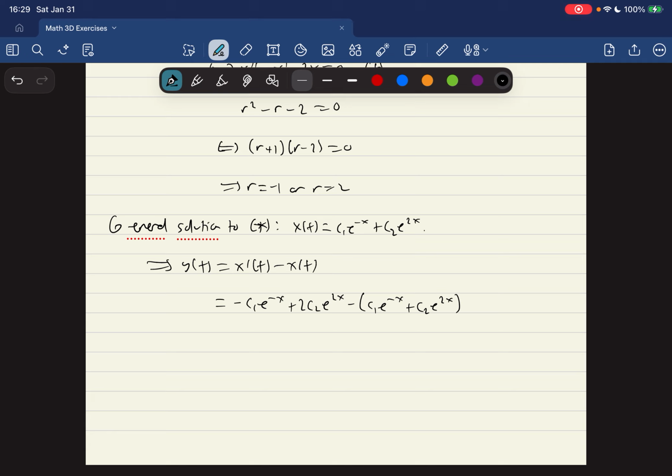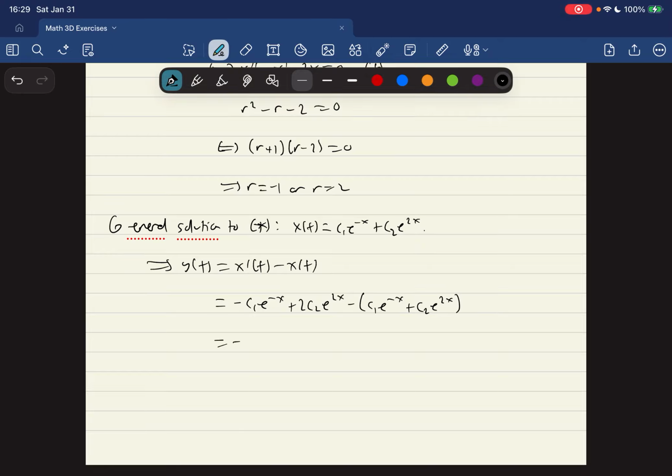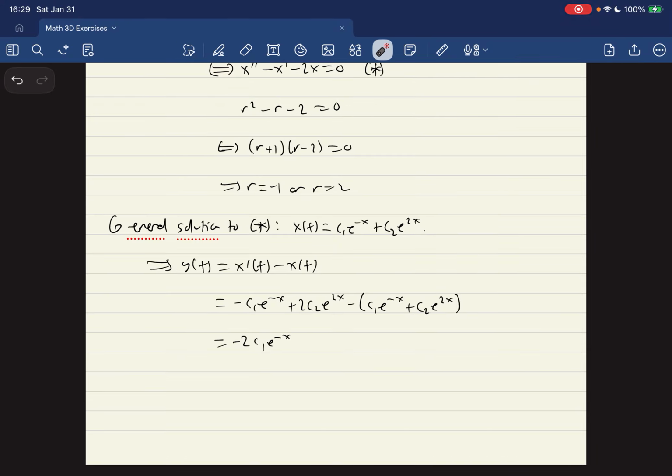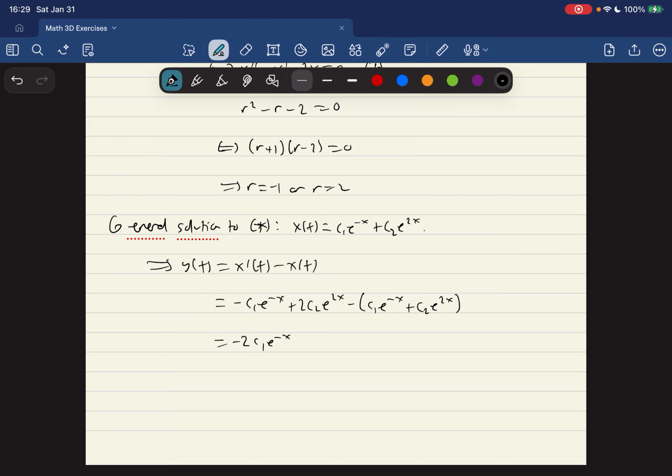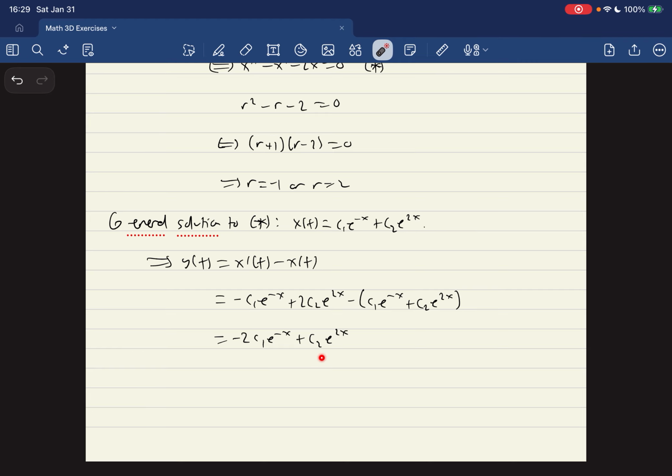And when we simplify, that's really nice. This term and this term cancel. Oh, they don't, sorry. They don't cancel. We get negative 2c1 e to the negative t. And then here we have 2 minus 1 c2, so we get just plus c2 e to the 2t. And so this gives us the general solutions for x and y.